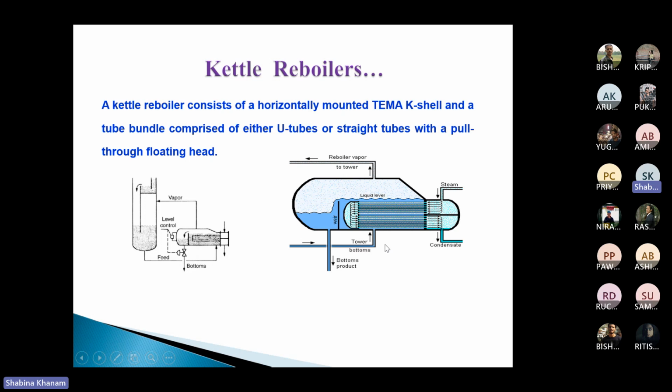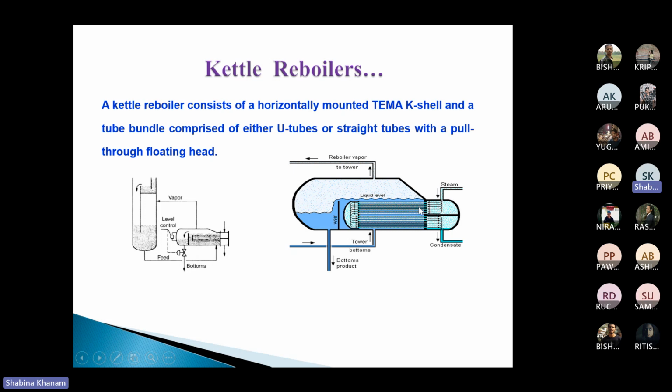In this case, liquid from the distillation column exits the bottom and then enters the bottom of the reboiler. If you see this type of arrangement, these are usually U tube exchangers, and if you are dealing with a heating medium which has fouling tendency or corrosive nature, then you can use an internal floating head heat exchanger. But in the U tube case, there is only one tube sheet, at one place.